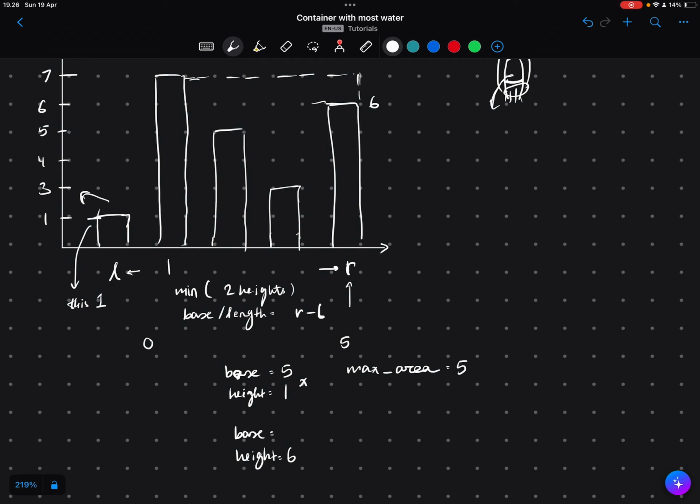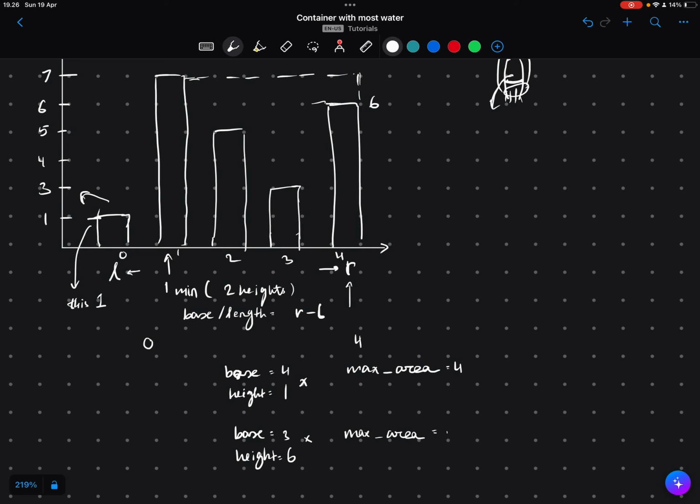Our base would now be, we'll consider this to be 1 now, 1 minus 5, which would be about 4, so 4 times 6, we would say 24. I've noticed that it would have been more appropriate to call this 4 actually. Let's just do that.